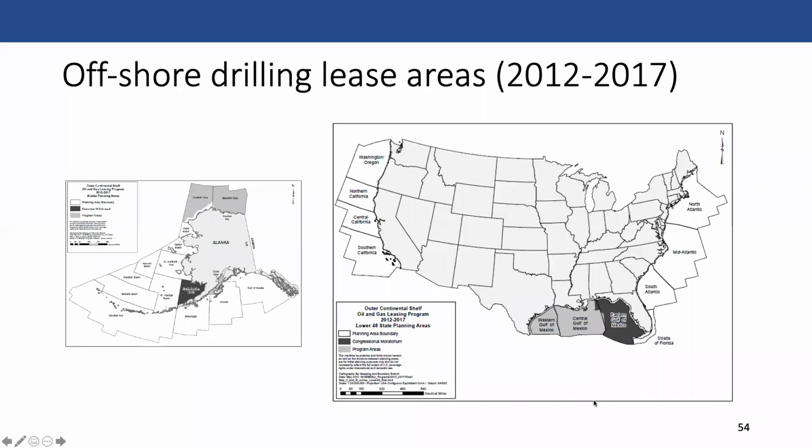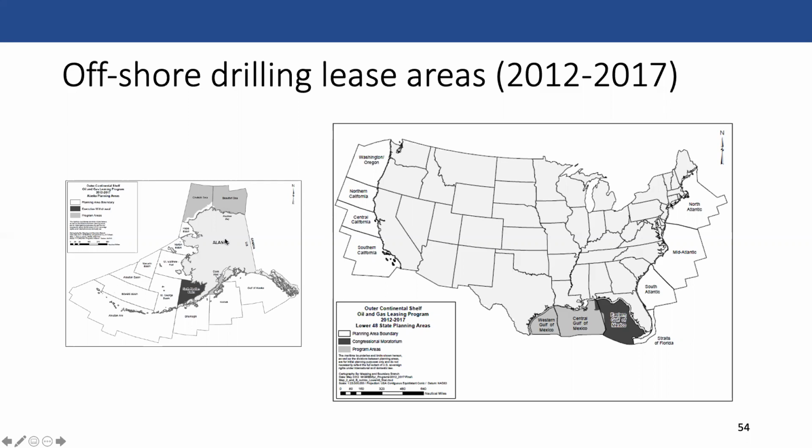So here we can see basically where you're allowed to do offshore drilling in gray. And so these are program areas for potentially where drilling could happen. But right now, you're only allowed to go in the light gray area. And actually, there's even a moratorium in the eastern Gulf of Mexico against offshore drilling.